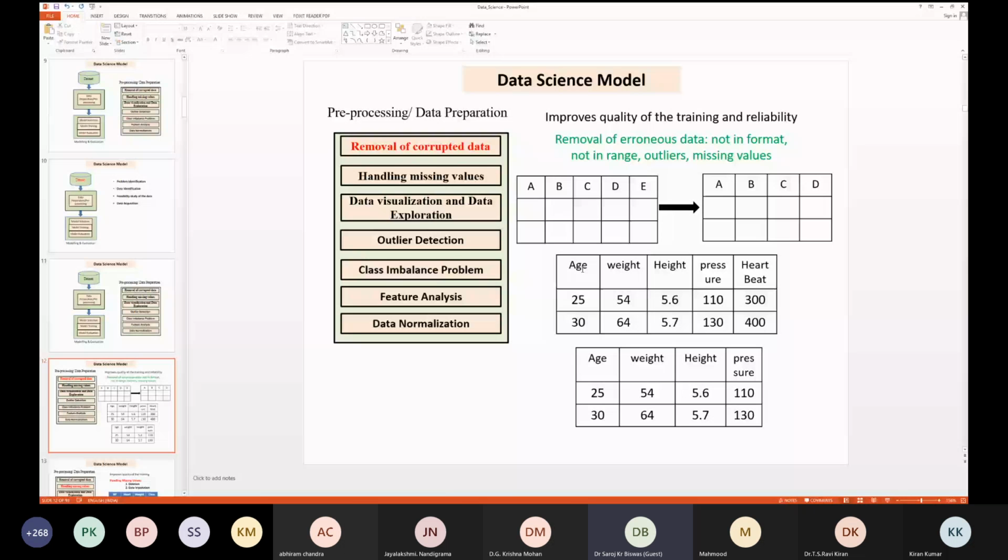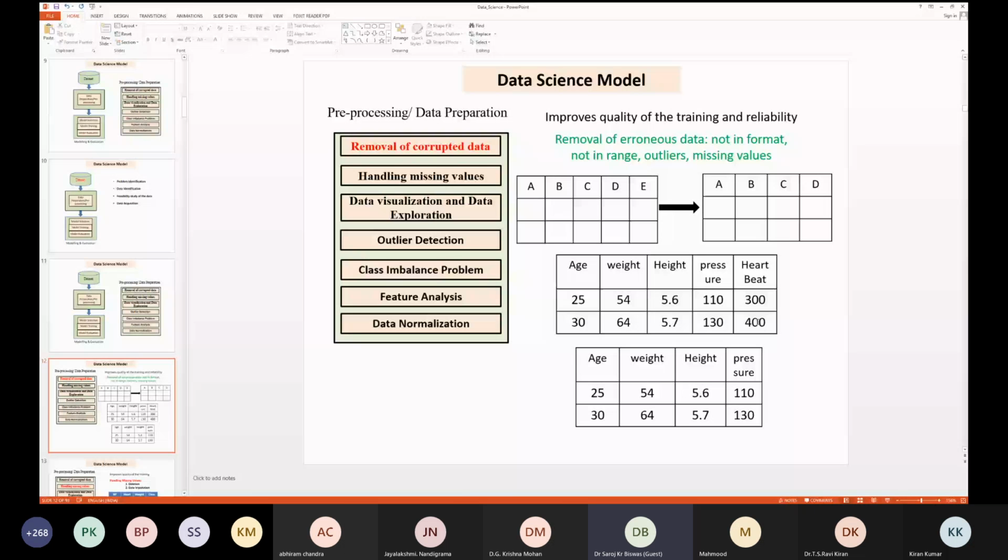Looking at the data, a heartbeat written as 300 or 400 is corrupted data. Why? Because these are erroneous data, not in range, because heartbeat cannot be 300 or 400. Whenever we have this kind of information, it is corrupted data.